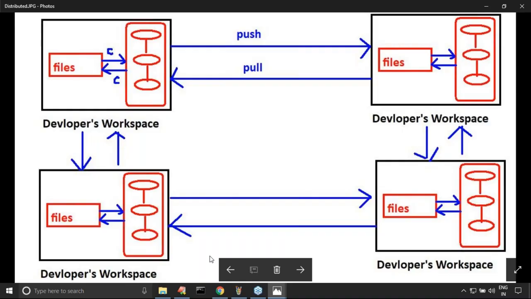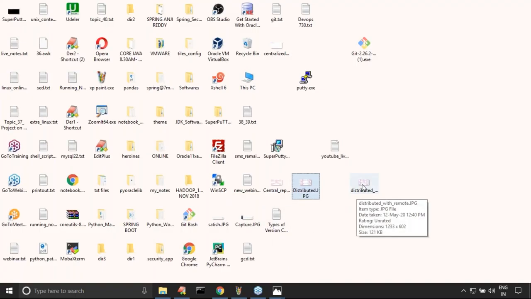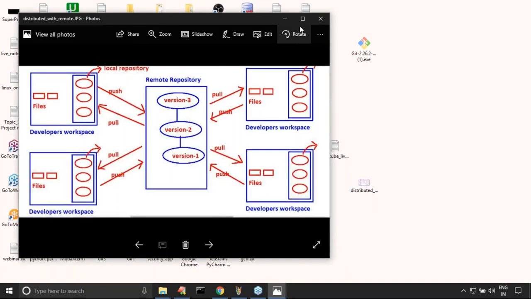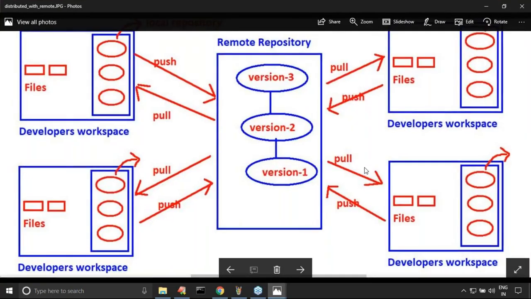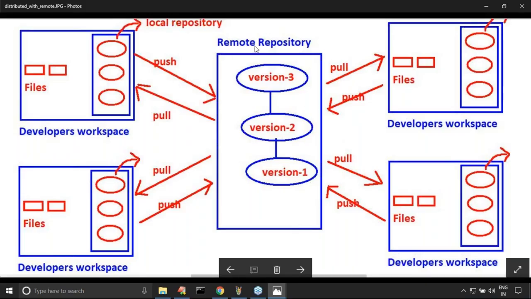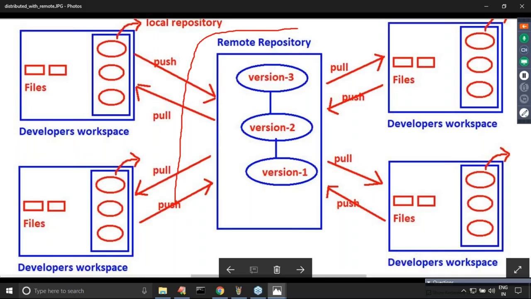What is the advantage, right? Next, I have covered the distributed model with the remote repository. Don't feel that it is the centralized repository model. No, here, this model came into the picture just to share developers' code with peer developers.